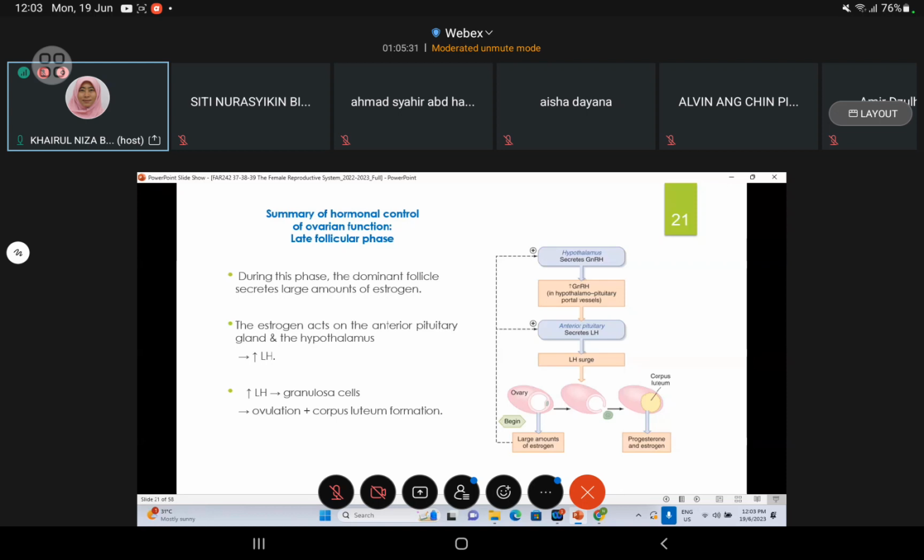The LH surge then acts upon the granulosa cells, which leads to ovulation as well as corpus luteum formation. LH stands for luteinizing hormone, which means that it induces ovulation and stimulates the formation of the corpus luteum. The corpus luteum, which has endocrine function, then starts to secrete progesterone as well as estrogen.